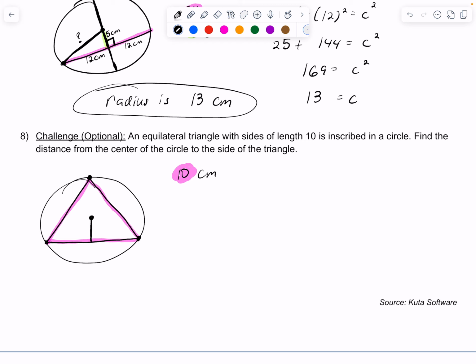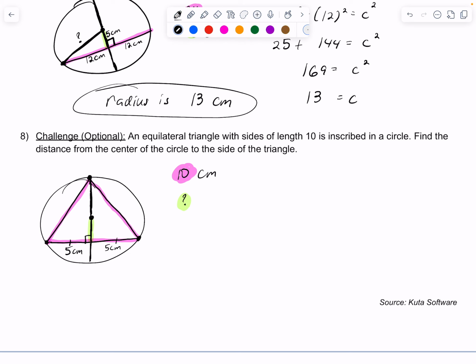Now, hopefully you remember that if I were to keep going, that would be the radius. If I were to keep going this way, I'd make it the diameter. So I have that right angle. Okay, which if this base of this triangle is 10, that means each of these are going to be 5 centimeters. All right, and then I'm trying to find, I'll try to highlight it again for you. I'm trying to find the distance from the center of the circle to the side of the triangle. So this is what I'm trying to find, right? That's my question mark.